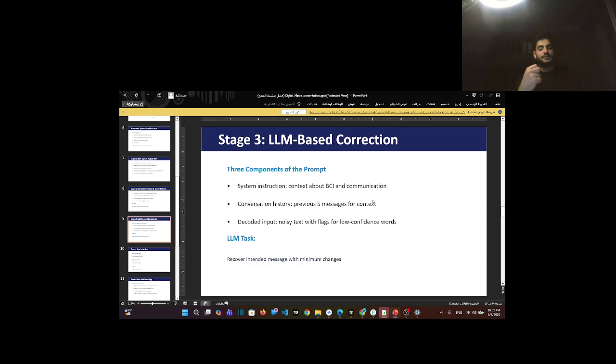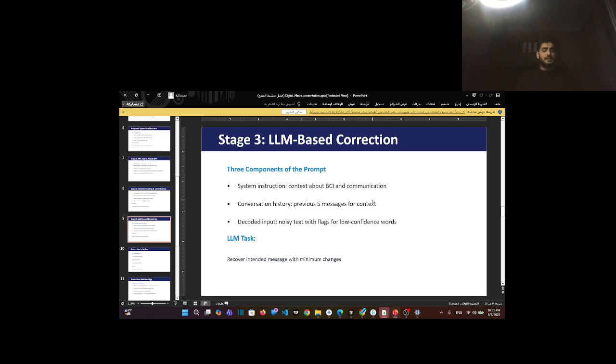Second, there is a conversation history, such as the previous 5 messages. This gives the LLM context about what the user has been talking about. And third, there is the decoding input, including noisy words and flags for low-confidence tokens. The task of the LLM is to recover the intended message with minimum changes.